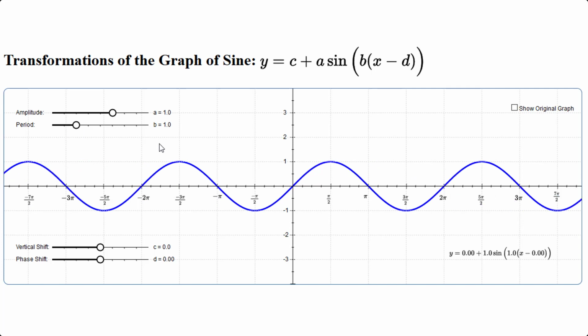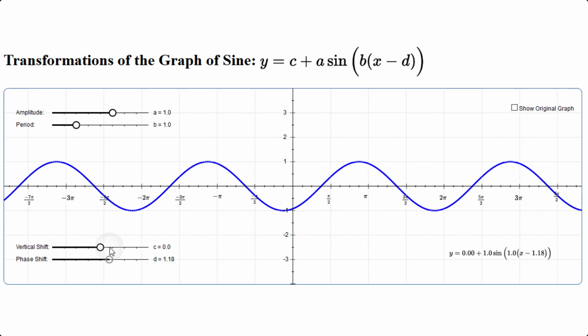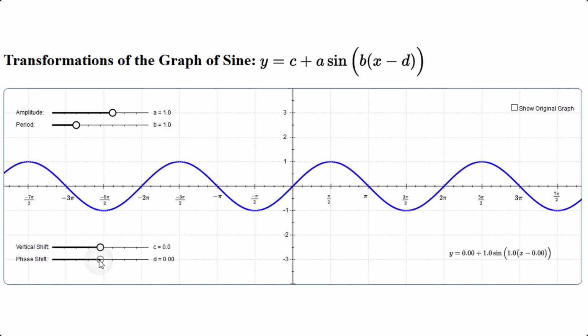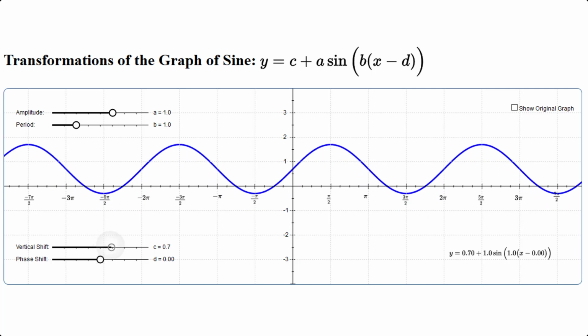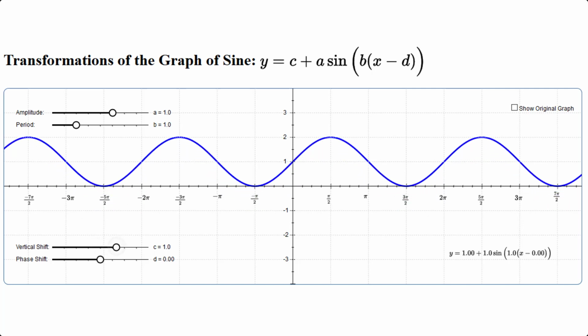The vertical shift is probably the easiest one. It just is going to move the graph up or down, depending on if you have a positive or negative value. So the vertical shift, as I mentioned, the amplitude isn't always what the minimum and maximum value is. It's the minimum and maximum distance from a vertical axis.